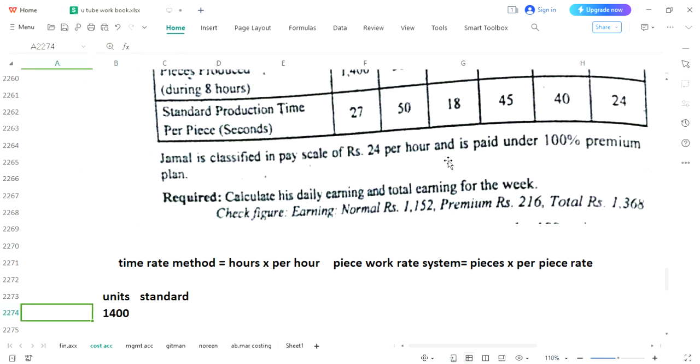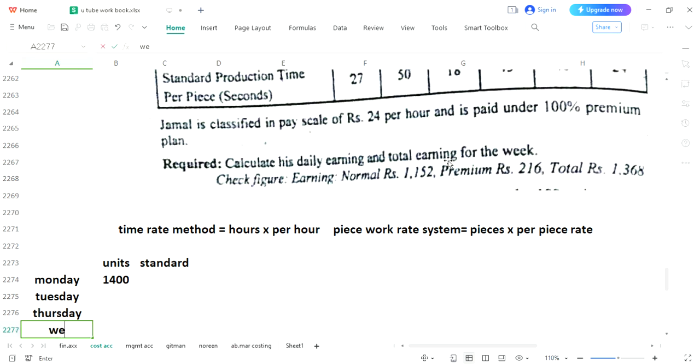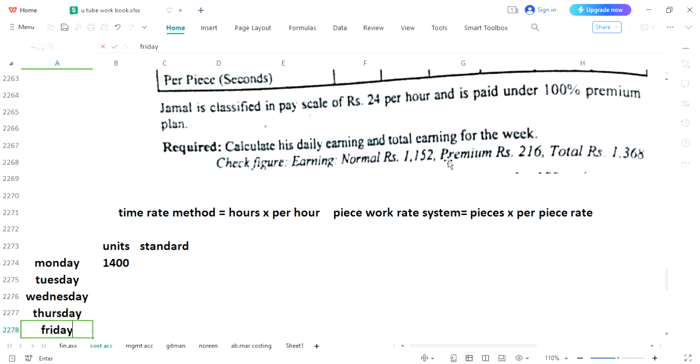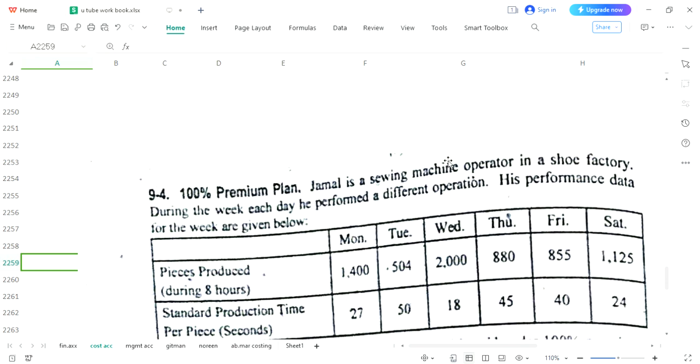For what we have is Monday, then Tuesday, Wednesday, Thursday, Friday, Saturday, and I will let you know why I'm doing it.